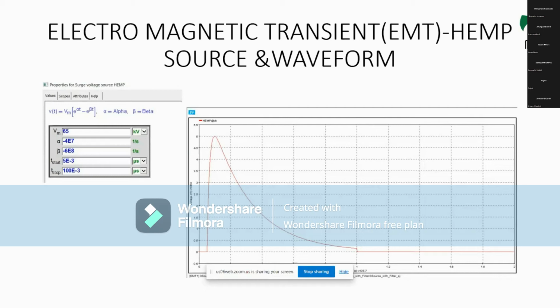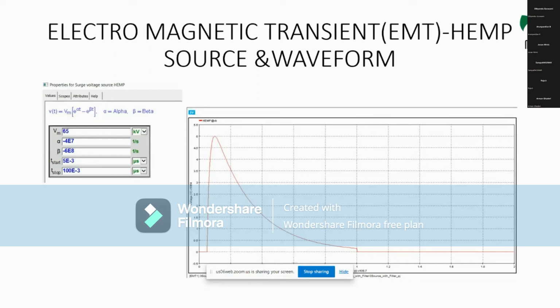Please be aware, don't copy these values from the slide, as the slides show only one example E1 EMP. Fine. You must find your own alpha, beta, voltage maximum, that is the maximum peak value of the voltage, and the duration of the E1 EMP you want to be protected from.